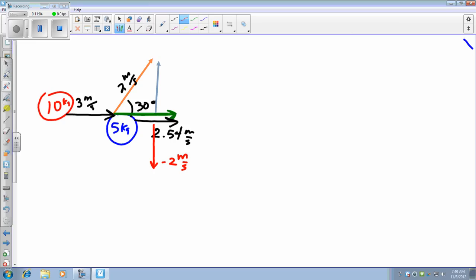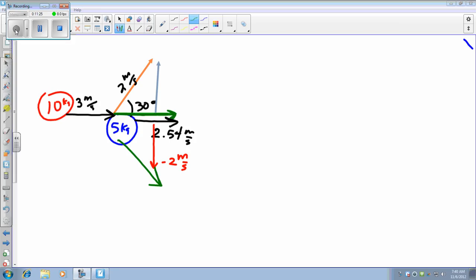But what I really care about is the direction that the ball goes in. So we can imagine that the ball is going to travel in some type of direction like this. And what I really want to know is what this value is, what the ball actually travels at, and also what is the angle.